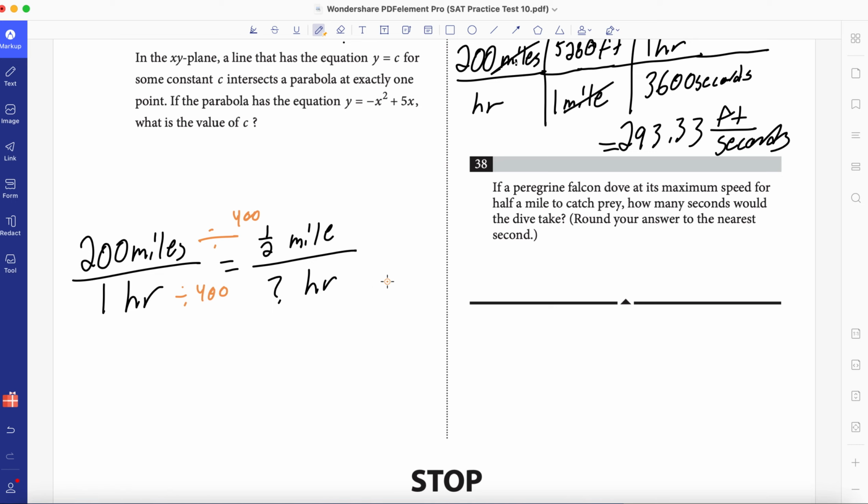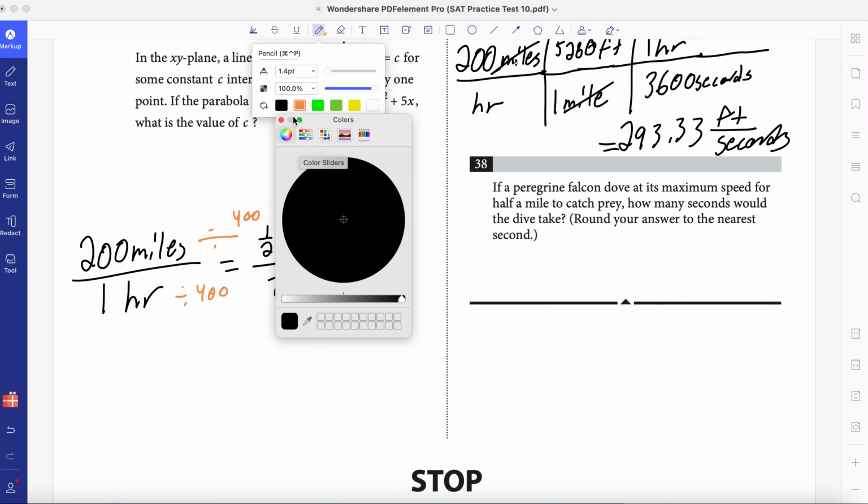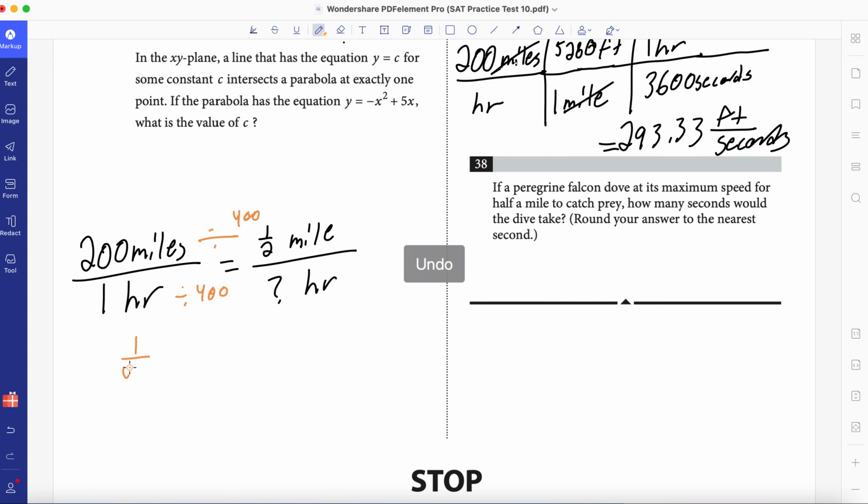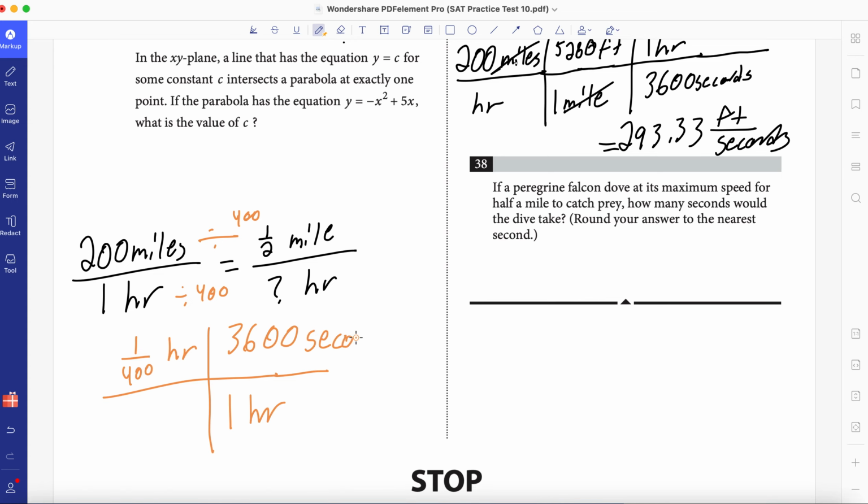So 1 hour divided by 400, and then we want to see how many seconds that dive would take. So right now my time is 1/400th of an hour. Then let's convert that to seconds, because I know 1 hour is 3,600 seconds. And this just equals 9 seconds.